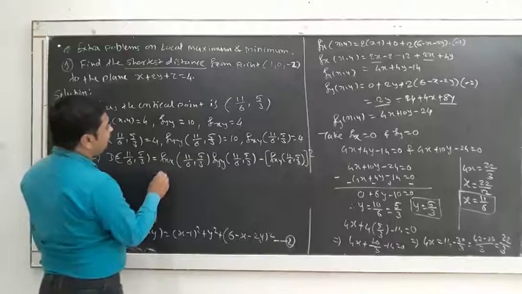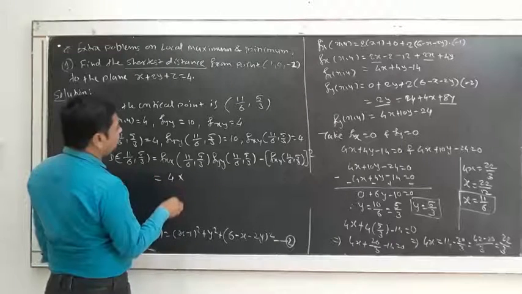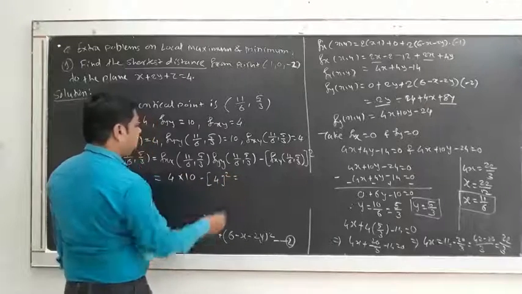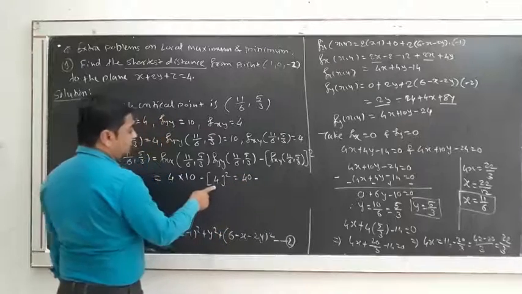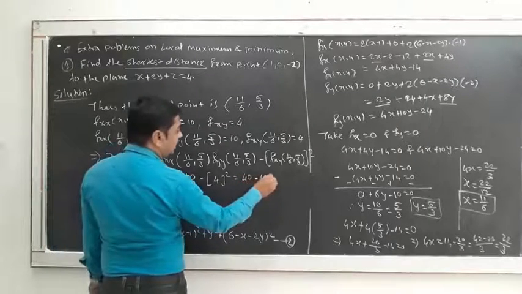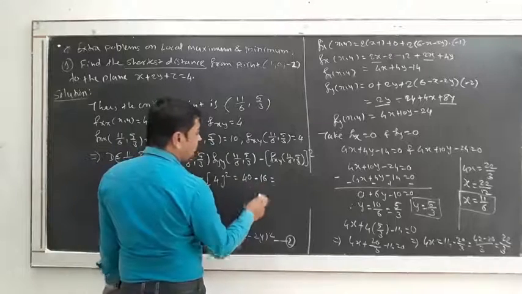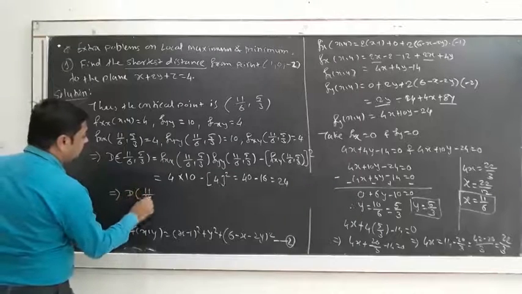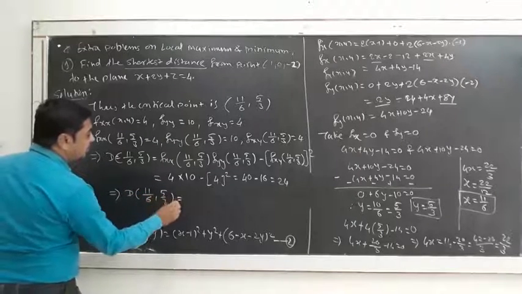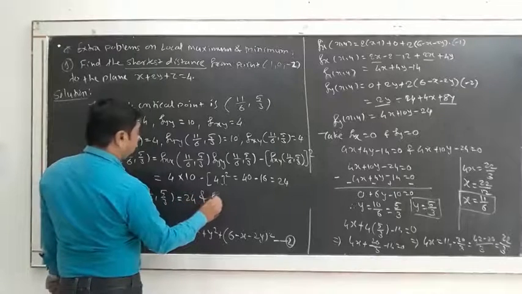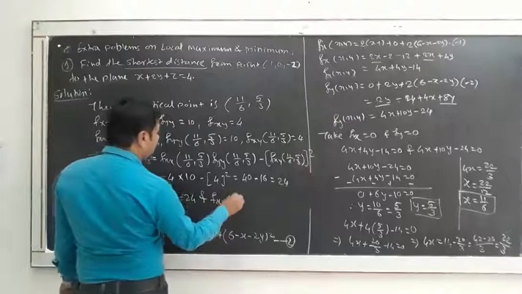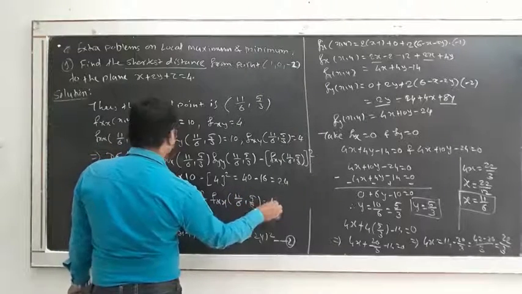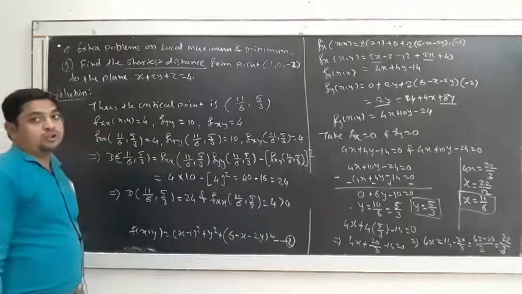Put the values now. fxx is 4 into fyy is 10, minus 4 square, which is 40 minus 16, that is 24. This implies that D at (11/6, 5/3) is equal to 24, and fxx at (11/6, 5/3) is equal to 4. It is again greater than 0.